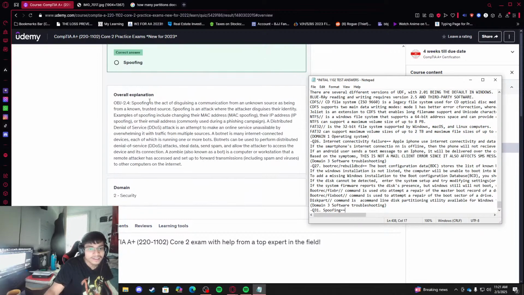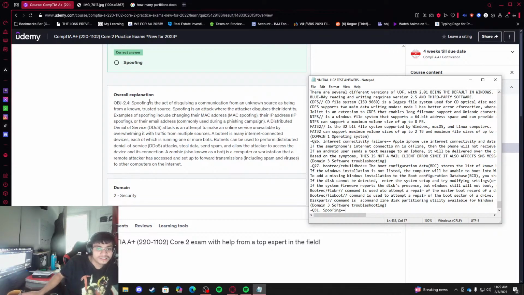Spoofing is the act of disguising a communication from an unknown source as being from a known trusted source. Spoofing is an attack where the attacker disguises their identity. Examples of spoofing include changing their MAC address, MAC spoofing, their IP address, or their email address. A distributed denial of service attack is an attempt to make an online service unavailable by overwhelming it with traffic from multiple sources.